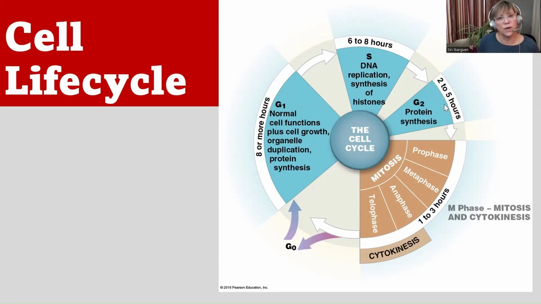And then we get the G2 phase, where a little bit more growth happens in preparation for cell division. Finally comes mitosis. Well, not finally, there's also cytokinesis. But mitosis is specifically the division of the duplicated DNA chromosomes. And then cytokinesis is the division of the rest of the cell, of the cytoplasm with all the organelles inside.